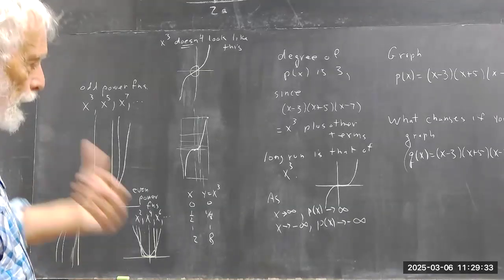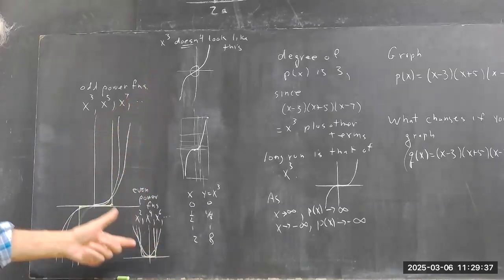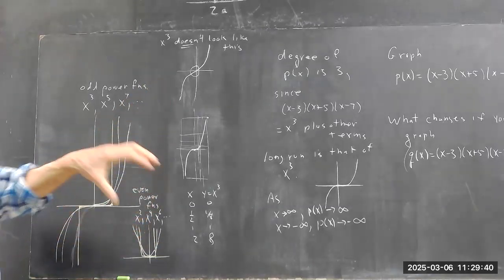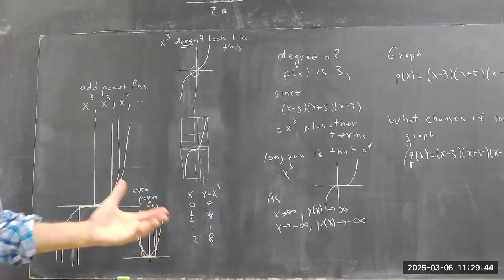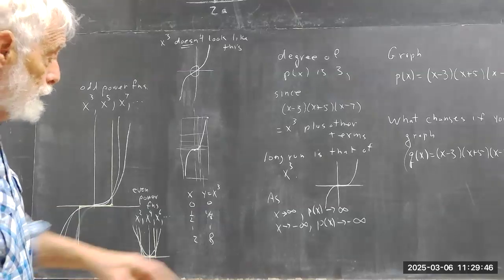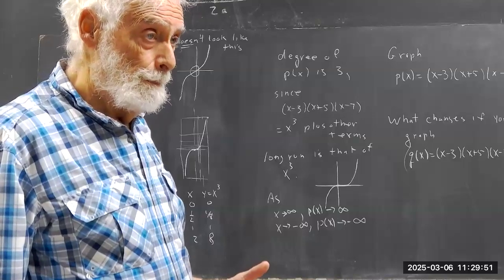They've got a positive coefficient: they go to infinity on both sides. They have a negative coefficient: they go to negative infinity on both sides. That's it. That tells you the behavior as x approaches infinity.